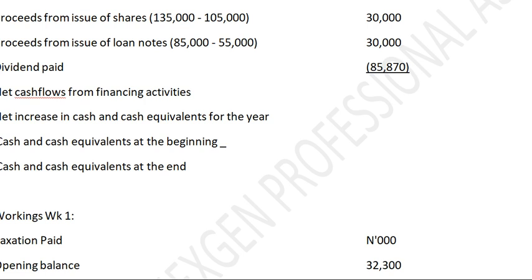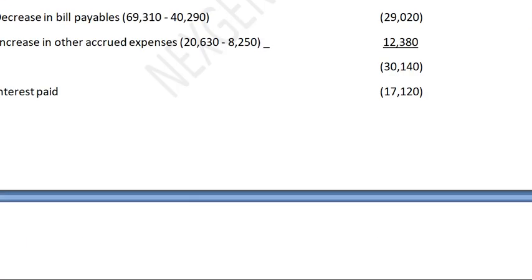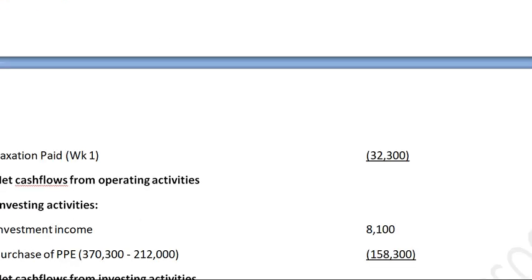Now we have our net cash flow from operating activity.